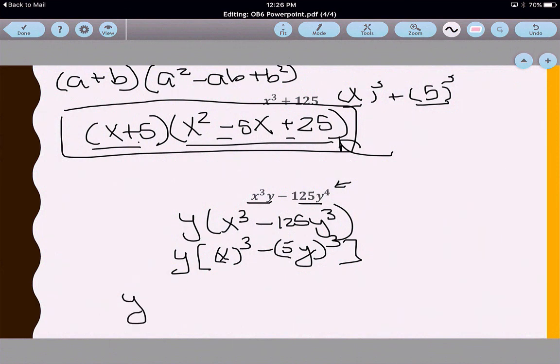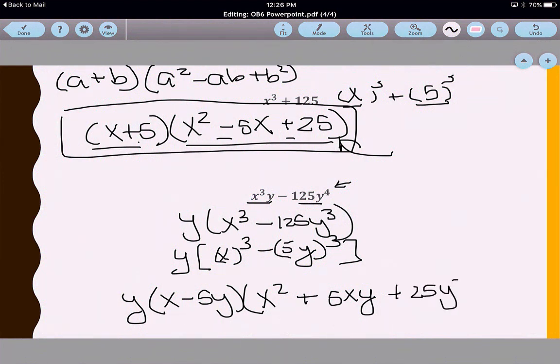I'm going to have y times x minus 5y times x squared plus 5xy plus 25y squared, if I'm following my formula. And that's all we have to do.